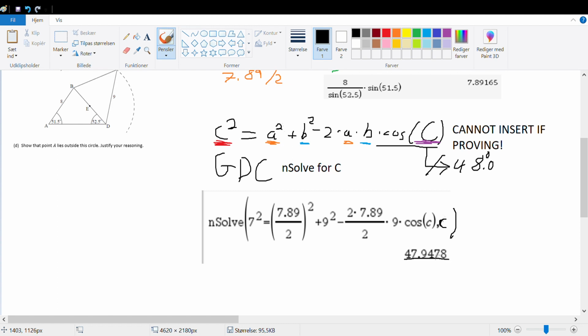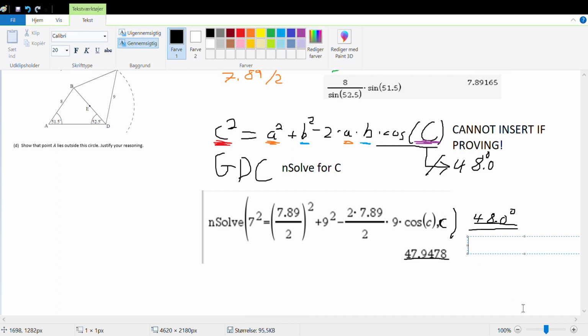This number, correct to 3 significant figures, is 48.0 degrees. I would urge you, though, include both. The reason you want to include both here is because this question is specifically asking for 3 significant figures.